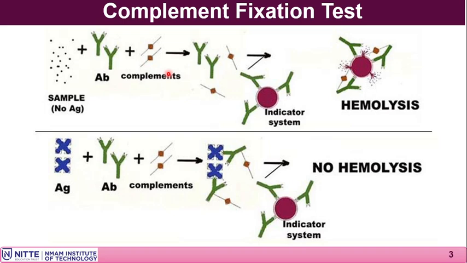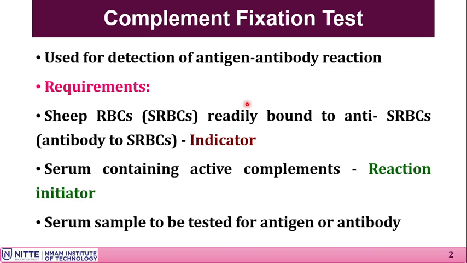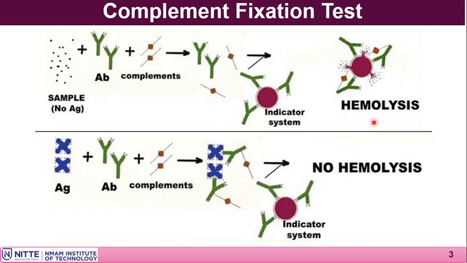Now to that you are adding the indicator. As I had mentioned earlier, the indicator here is sheep RBCs readily bound by the antibodies against the sheep RBCs. That is what is shown here. Indicator system refers to the sheep RBCs readily bound with the anti-sheep RBC antibodies. The complement which you had added is not engaged. It is freely present in the mixture.